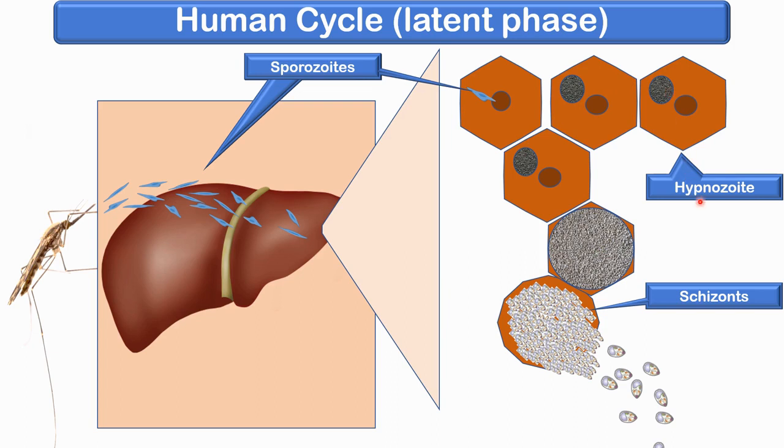From time to time, some hypnozoites are activated to become schizonts and release merozoites, which go on infecting the RBCs. This is called a clinical relapse, and relapse of malaria is seen only with Plasmodium vivax and Plasmodium ovale, which show the presence of hypnozoites. Whereas in Plasmodium falciparum and Plasmodium malariae, no hypnozoites are found.